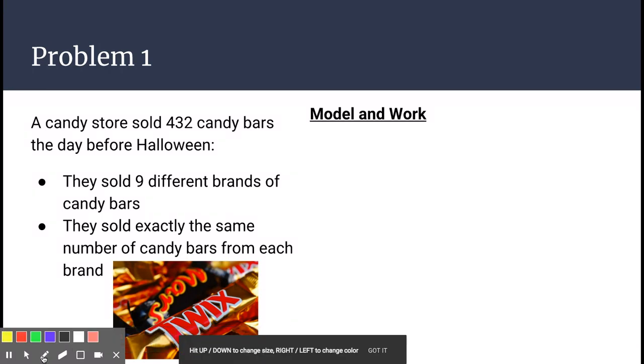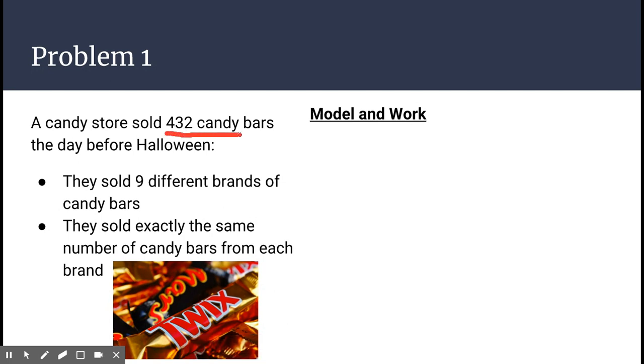Okay, so this is how I read this problem and analyze things. The candy store sold 432 candy bars. So I'm going to underline this. Seems to be the total that they sold. So that's going to play a role. The day before Halloween, I don't think that's important to know, except that it gets us excited. We're talking about candy. They sold 9 different brands of candy bar.